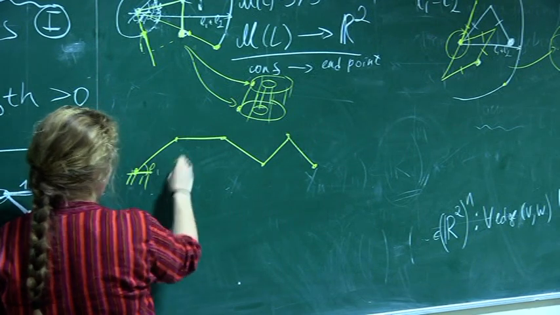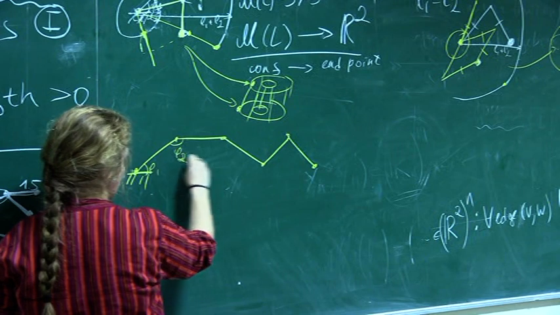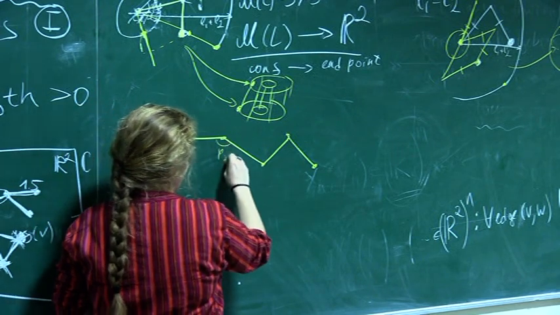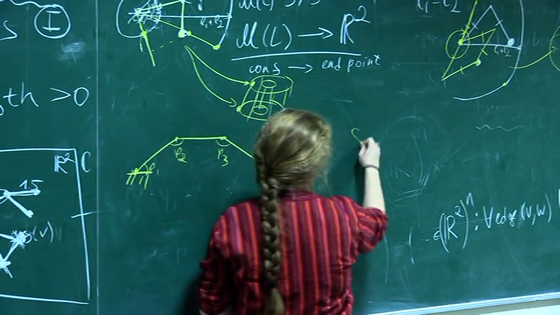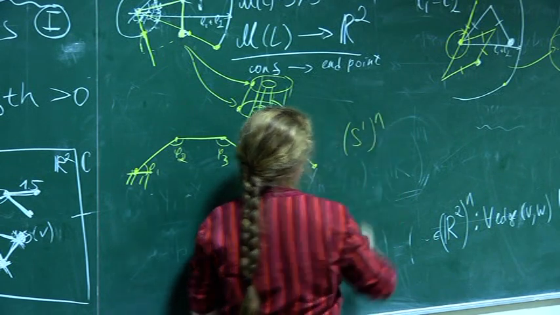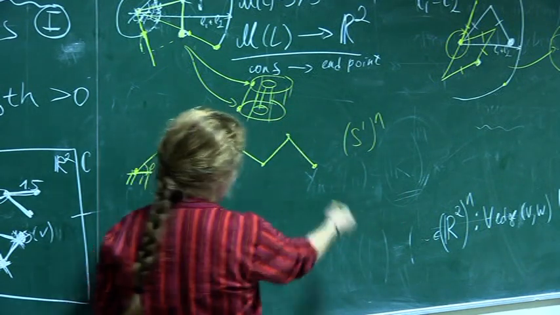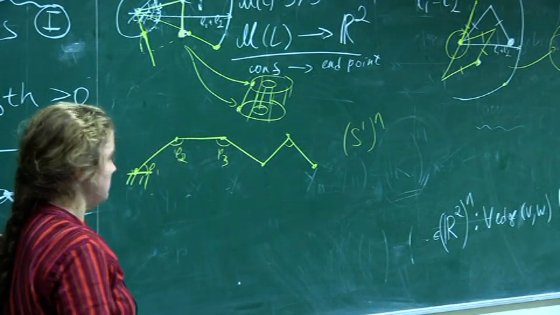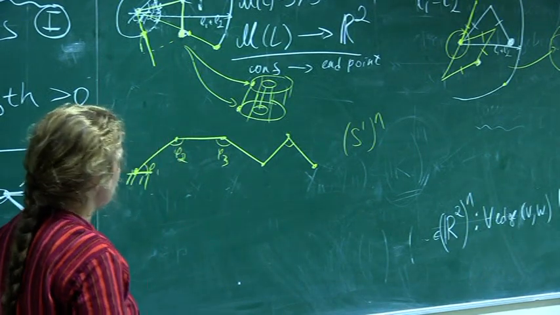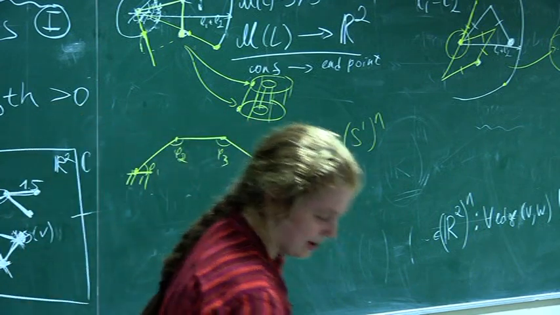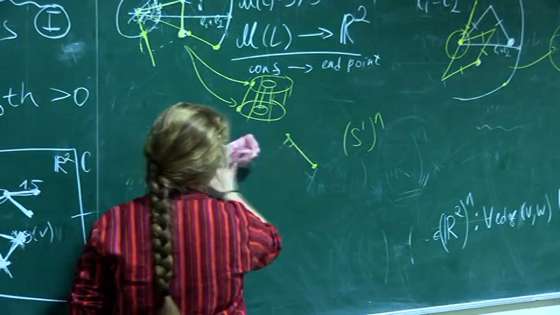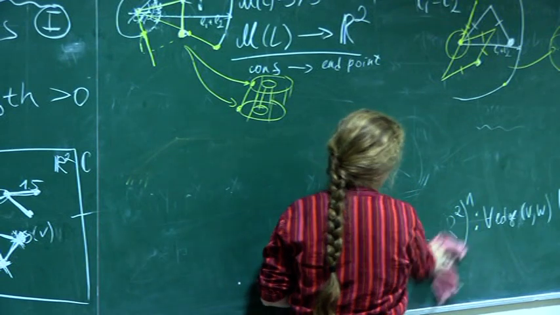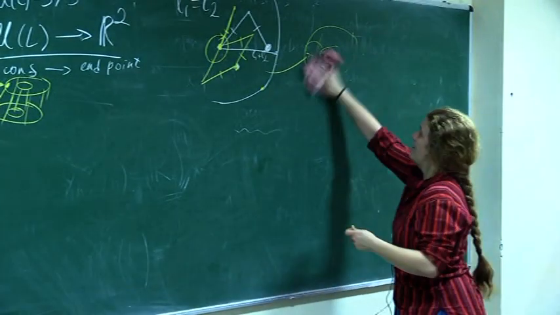You can parameterize it with angles, and so its configuration space will be a circle to the power n. So some high-dimensional torus, right? Yes, so all robot arms look exactly the same. From their topology they look exactly the same, but we will need them for other examples.